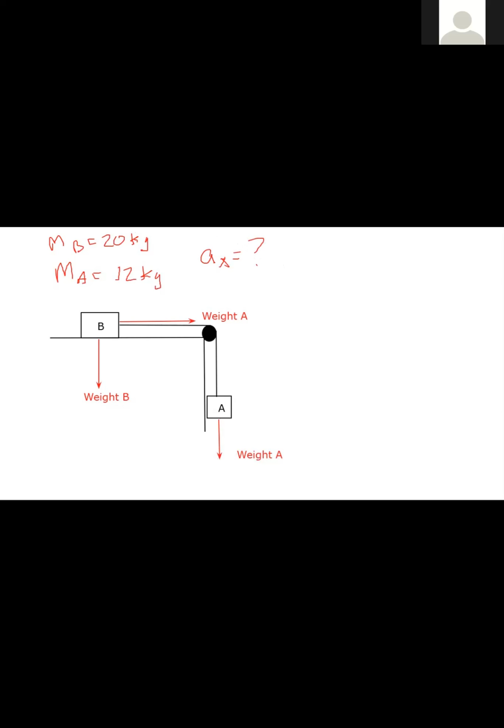So we go over to Newton's second law. We say the sum of the forces in the X, because we're assuming B is moving in the X, equals the mass of the system times AX. To help us solve this problem, we're going to draw what we call a free body diagram. This is the mass that is being accelerated in this direction. That's the acceleration, AX.